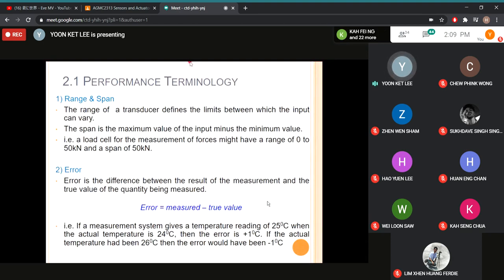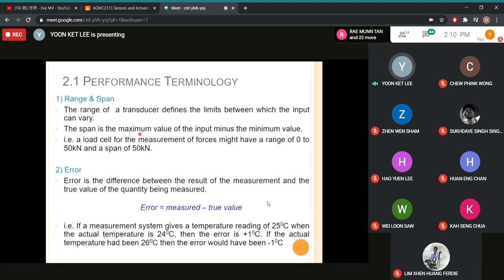Before we use a sensor, there are, I think, more or less 10 terminologies you need to understand. So what are the terminologies? For example, the range, or the span. The range of the transducer defines the limit within which the input can vary.